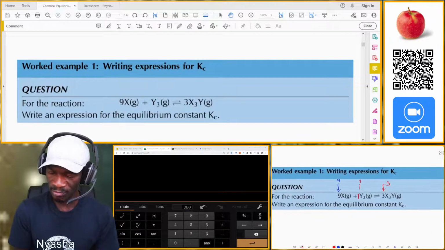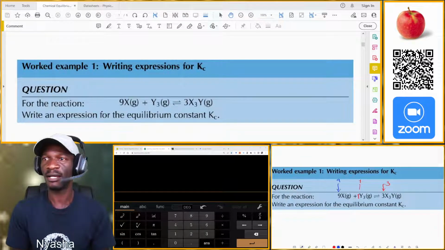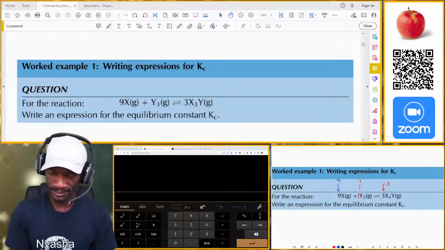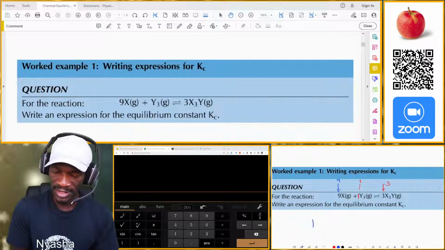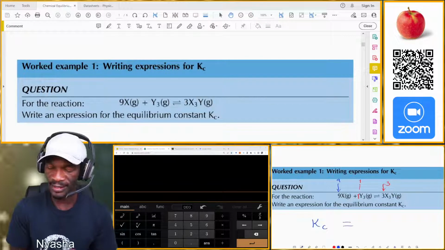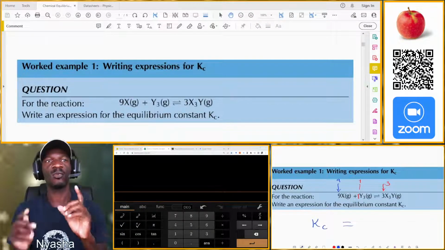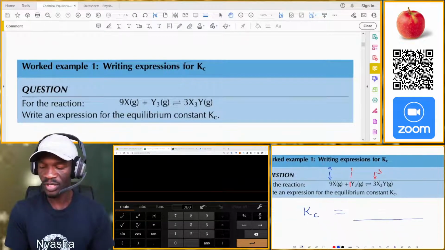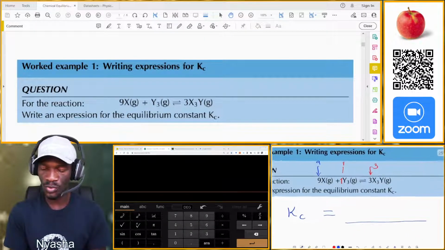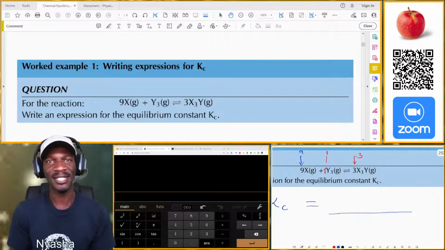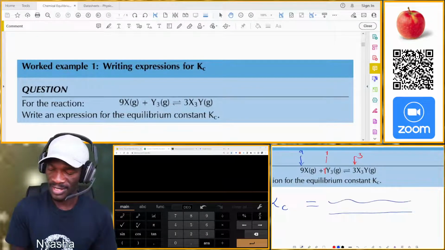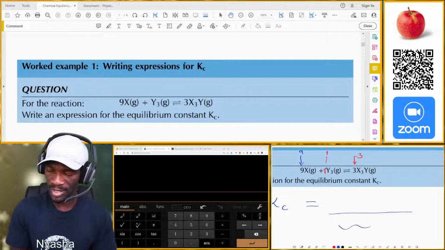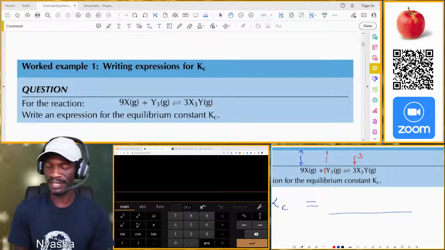Let's now build the expression for the equilibrium constant Kc. We know that the equilibrium constant Kc is a ratio of what to what. If it's a ratio, it's simply written as dividing two quantities. The top quantities represent the products. The bottom quantities represent the reactants.